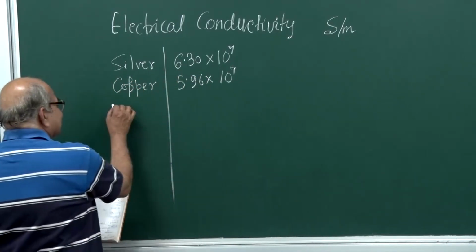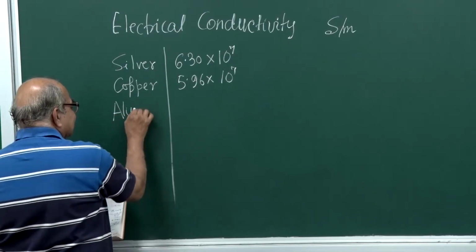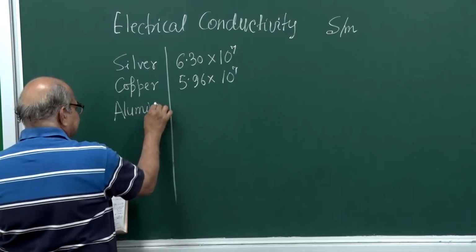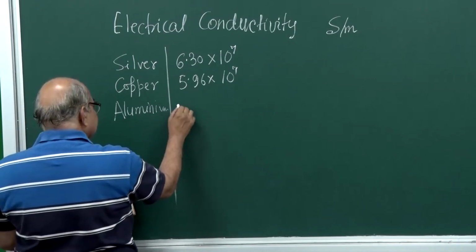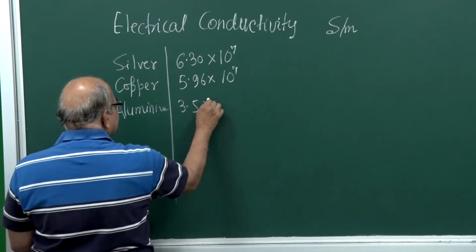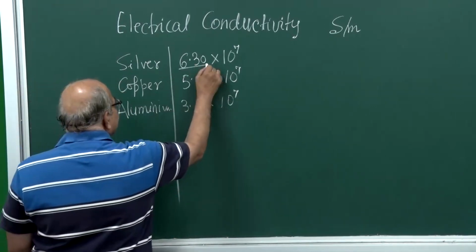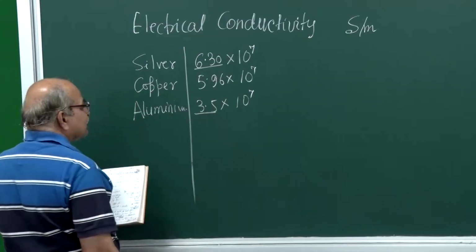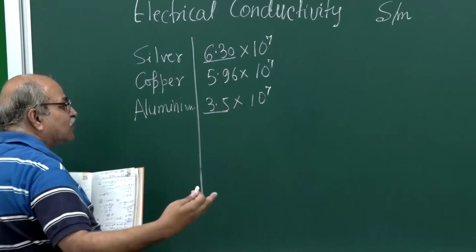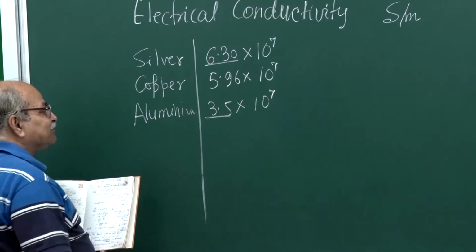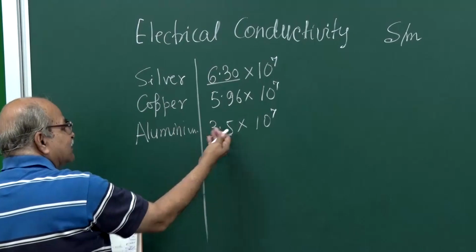Then you have aluminium. Let us see aluminium. Aluminium, the conductivity is 3.5 times 10 to the power 7. So this is 6.30, this is 3.5. So aluminium is not that costly, but then yes, the conductivity is lower.